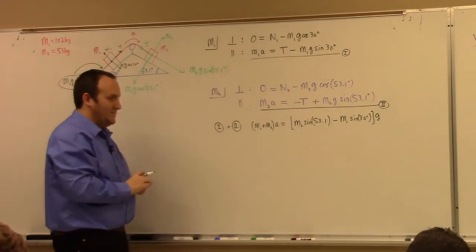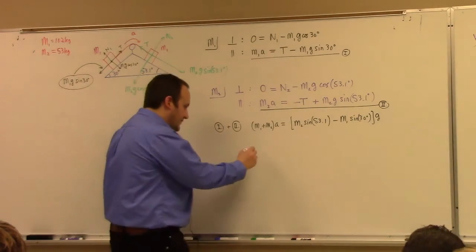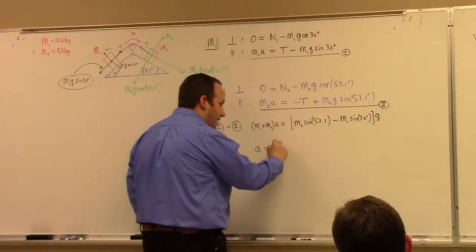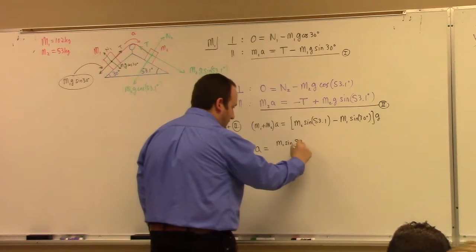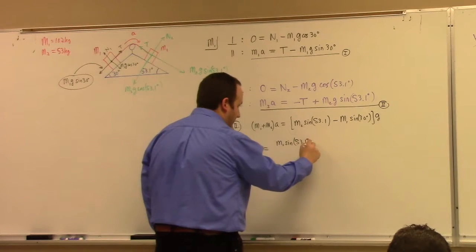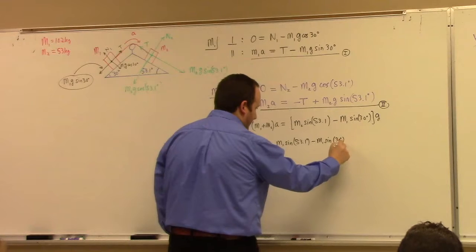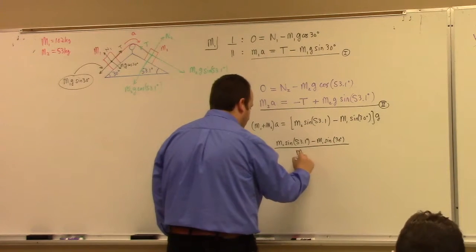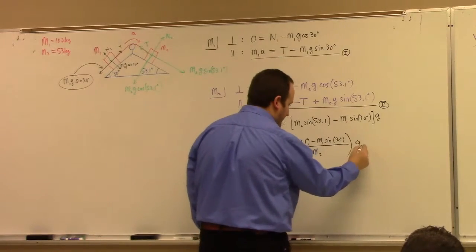So A is equal to m2 sine of 53.1 degrees minus m1 sine of 30 degrees, all divided by m1 plus m2, parentheses, g.